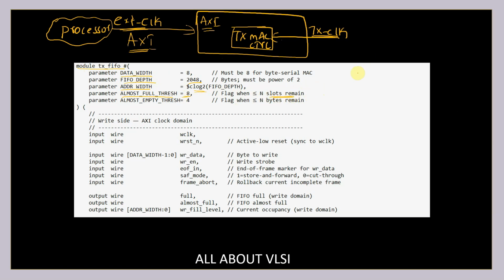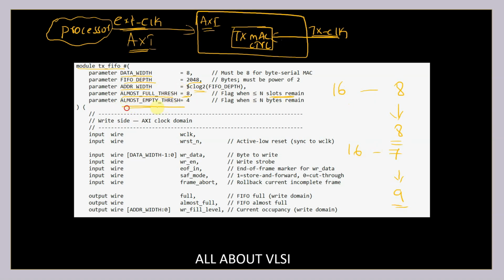For example, if my FIFO depth is 16 and I have written 8 locations, then 16 minus 8 is 8, so I can say my almost full threshold is equal to 8. If I write only 7 locations, then it is 9, so this flag will not be given.